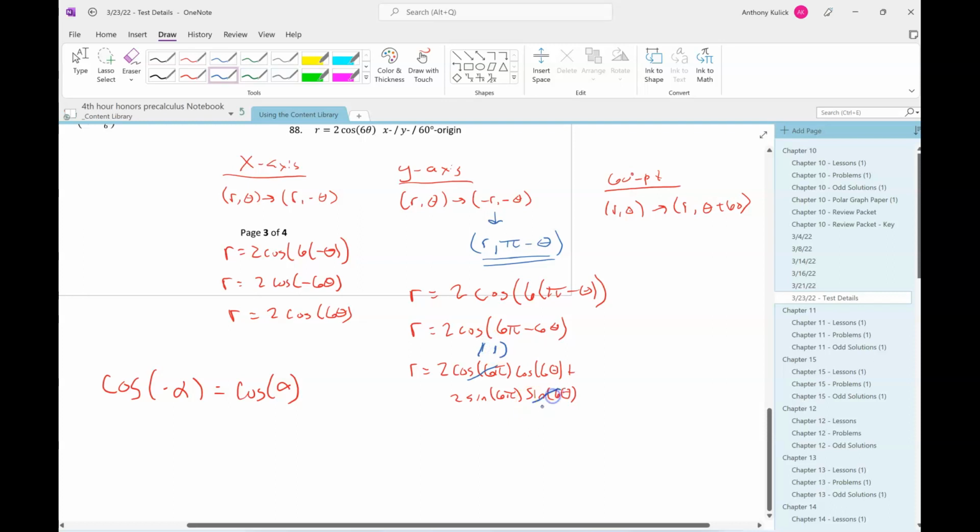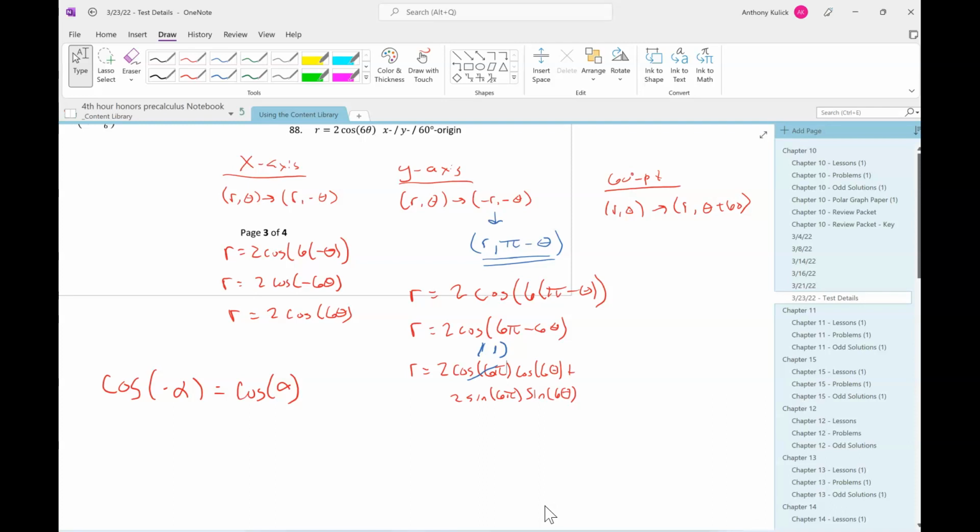And sine of 6 pi. What's sine of 6 pi? You guys remember that one from the unit circle?